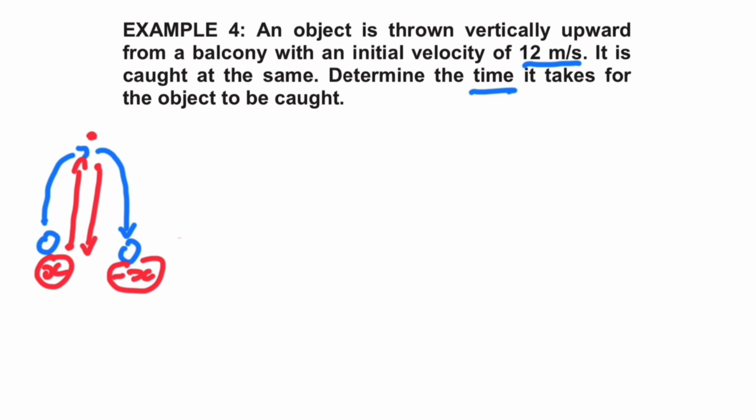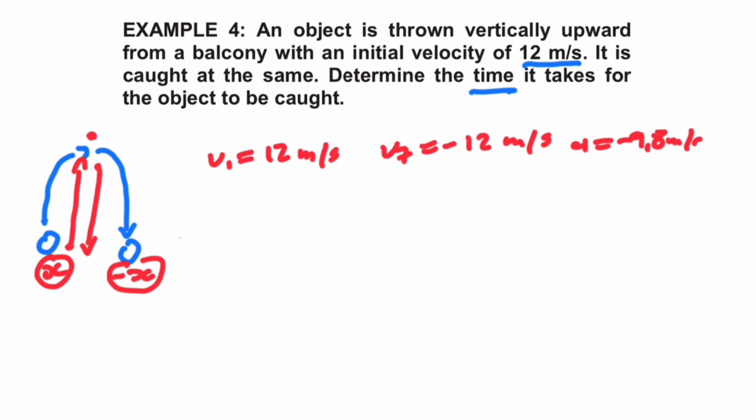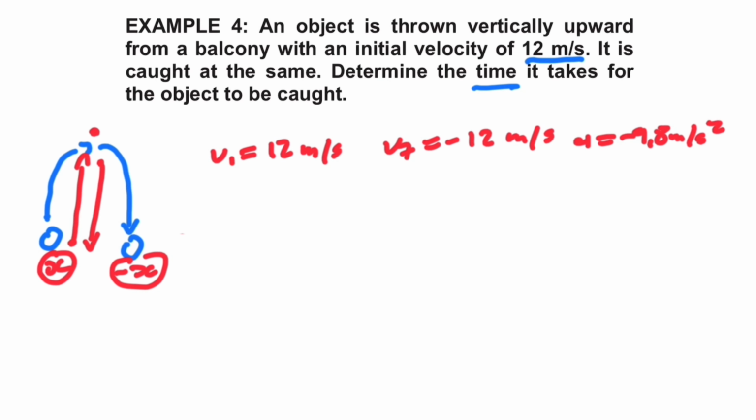In this scenario, our Vi is still equal to 12 meters per second. What is changing is Vf. Vf is equal to minus 12 meters per second. The acceleration is the same as it always is, minus 9.8 meters per second squared. We're interested in delta t. Which equation can we use? The same equation we used previously.